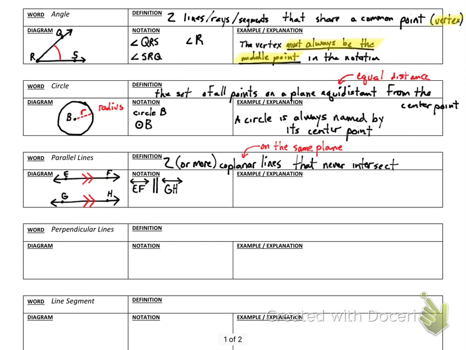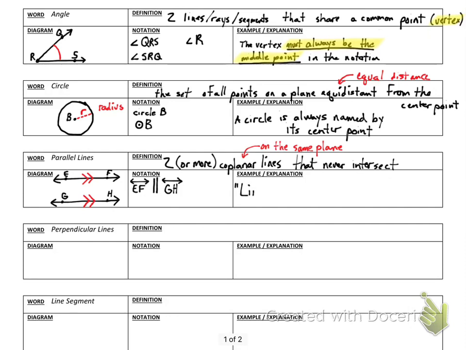Now I will say one of the most common errors with this is people see EF as parallel to GH, and they think that they're congruent. And that's not necessarily true. A lot of times they are congruent, sometimes they're not. All this tells us is that they're parallel to each other. All right, so what we're going to do is I'm going to write out exactly what the translation of this notation is.